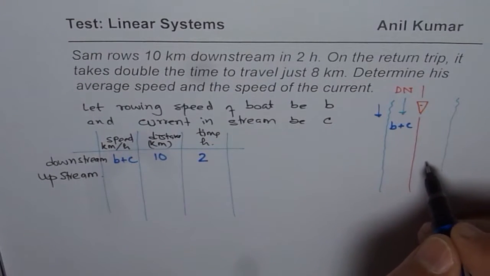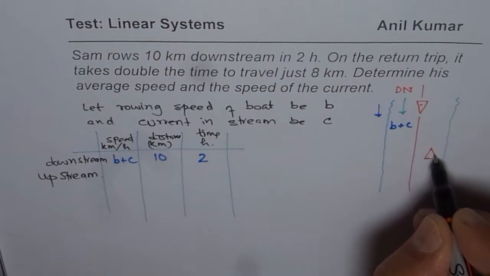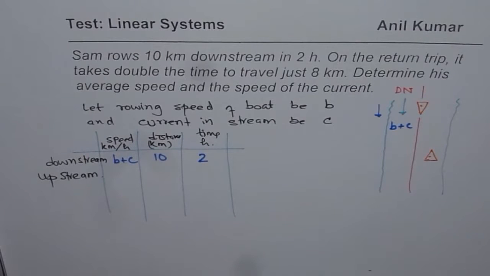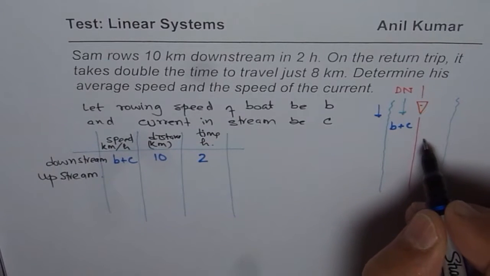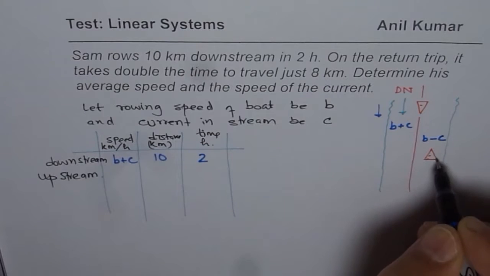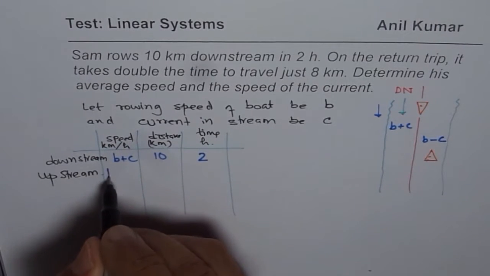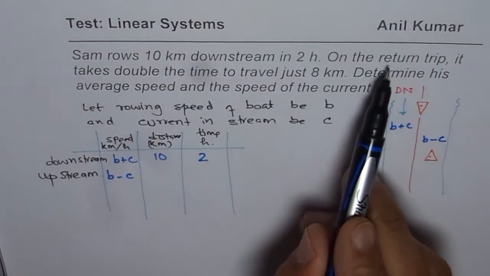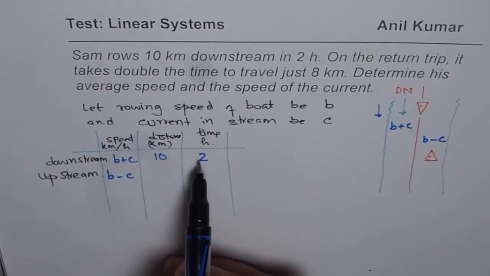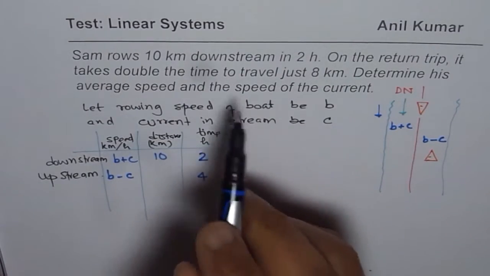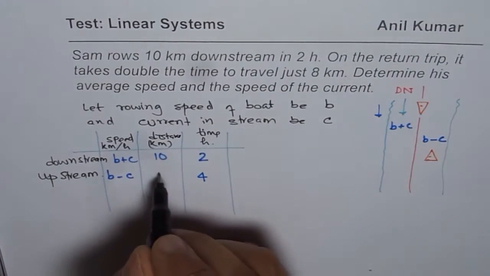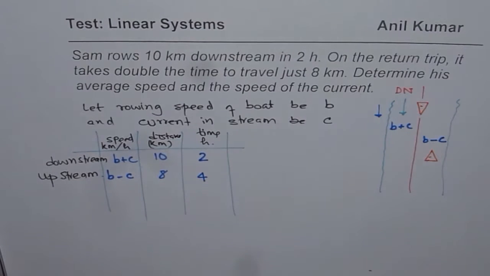Now when Sam is going upstream, the speed will be boat speed minus current, as the boat is moving against the current. So it will be slower, right? Upstream it will be B minus C. On the return trip, it takes double the time, so double 2 is 4 hours to travel just 8 kilometers. So distance covered is only 8 kilometers. So you get information in the form of a table, right?